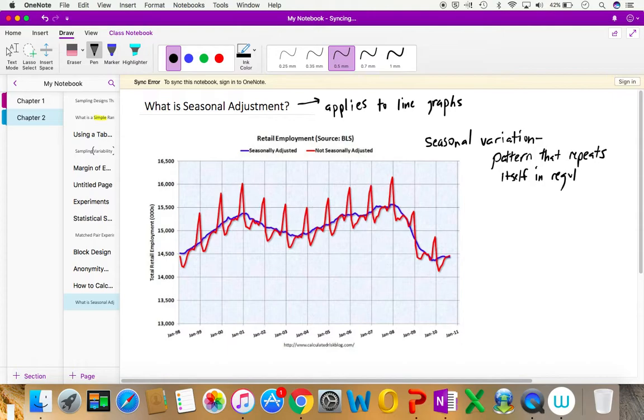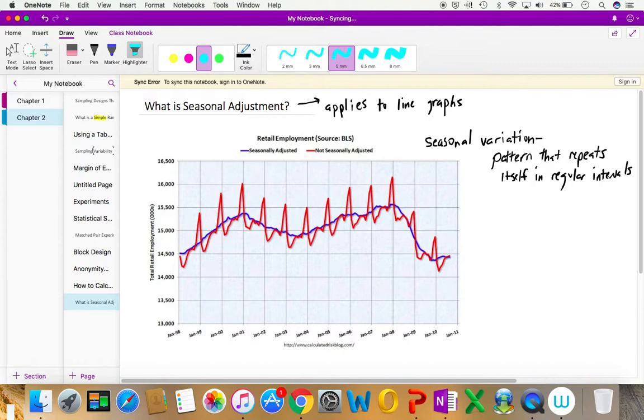What do I mean by that? Let's take a look at our graph over here to the left, and I want you to pay particular attention to what is in red first. What we're studying here is retail employment. This is made up, but let's say this is employment in retail businesses, and we're looking at the trend from 1998 to 2011.